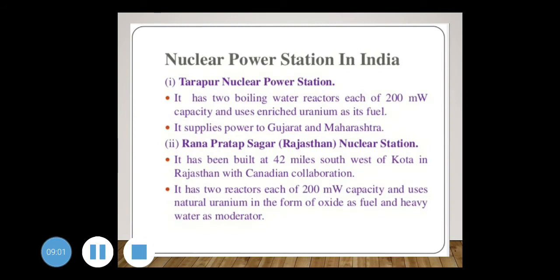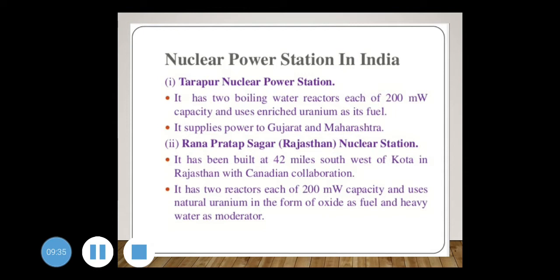Now the nuclear power stations in India. There are different places where nuclear power stations are located in India, such as Tarapur, Rana Pratap Sagar in Rajasthan, Kalpakkam, Narora in UP, Kakrapar in Gujarat, and Kaiga in Karnataka.